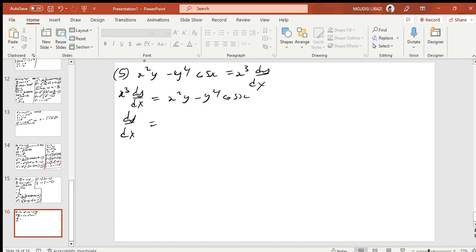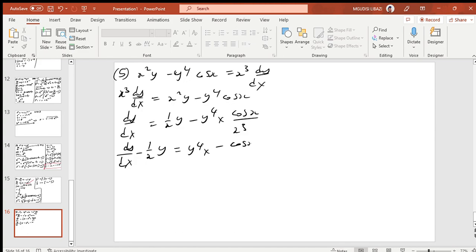when we divide both sides by x raised to 3, you're going to get 1 over x multiplied by y minus y raised to 4 multiplied by cosine of x over x raised to 3. Then we can take negative 1 over x times y to the other side, and we get dy over dx plus negative 1 over x times y is equal to y raised to 4 multiplied by negative cosine of x all over x raised to 3.